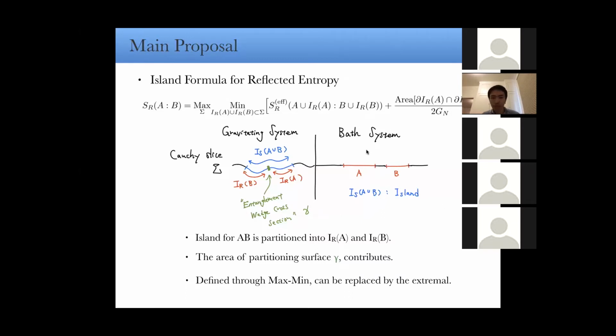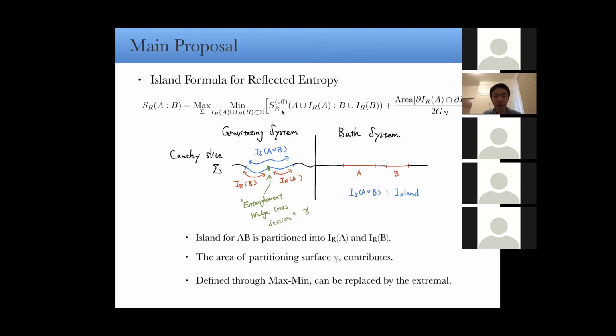Sorry, is the notation here for the first term that it's the mutual information, or what is the colon doing? So the first one, you mean the S effective R, right? So this SR is reflected entropy, of the effective field theory.